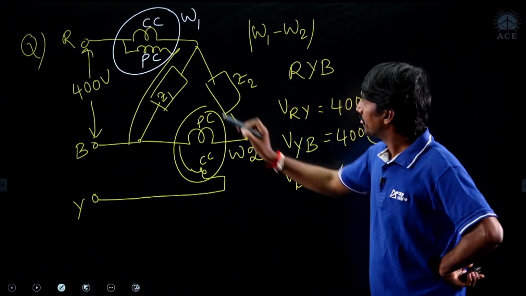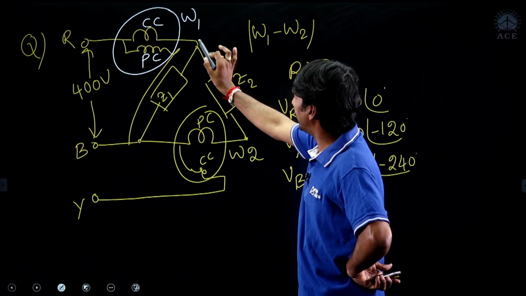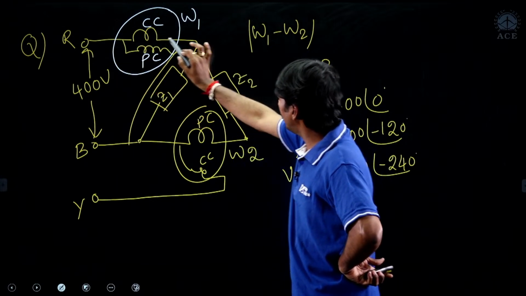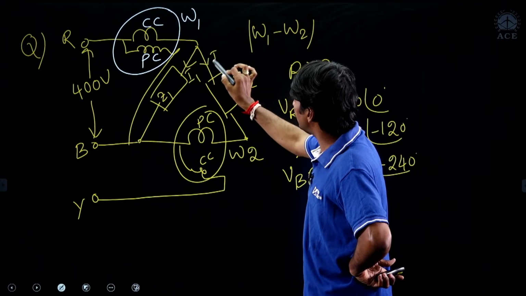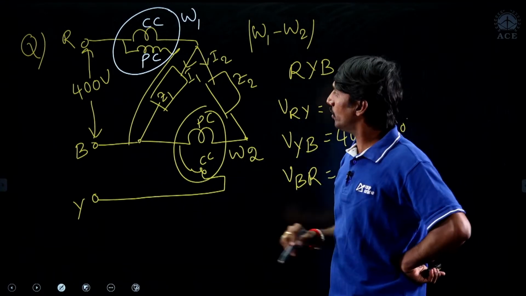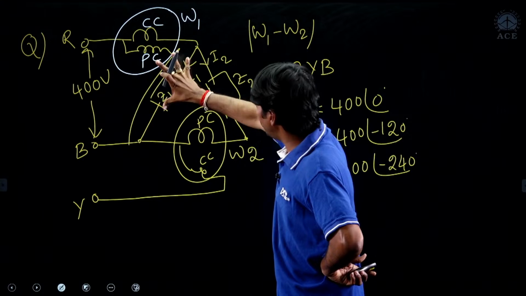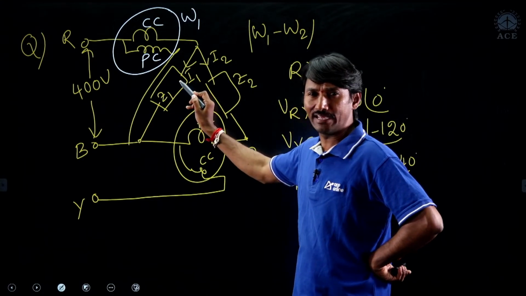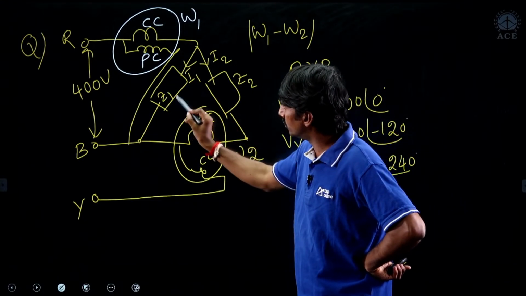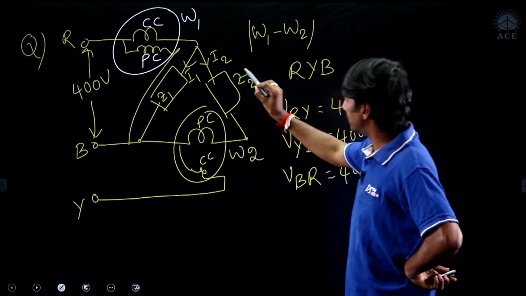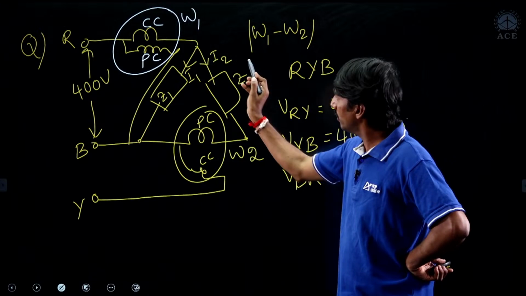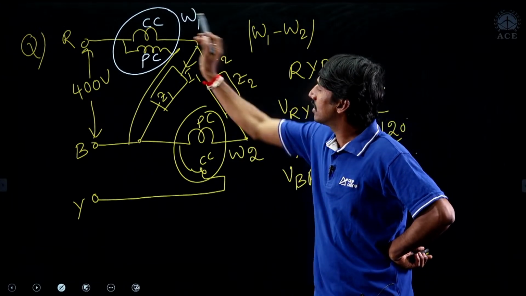What is IR? IR is the current through this, which is the sum of I1 as well as I2. How do you get I1? Voltage by impedance; Z1 values are not exactly available right now, so substitute them. V by Z1 gives I1, and V by Z2 gives I2. So I1 plus I2 is the current through this.